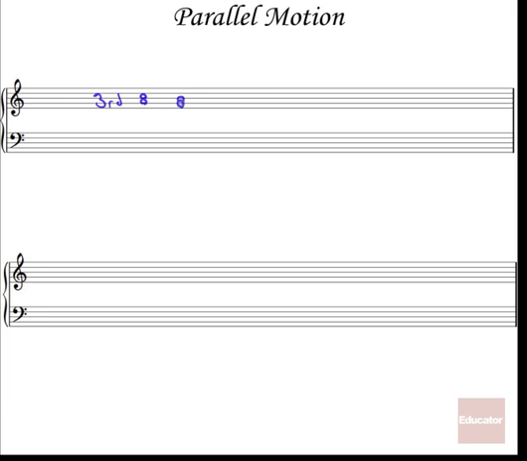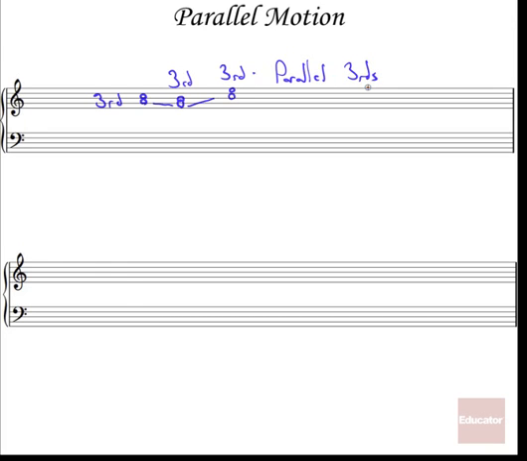And what that means is that, let's say the bottom voice now moves up a fourth to C, the top voice is also going to move up a fourth to E. And this results in the interval being consistent throughout. So this is a third, this is a third, this is a third, and you could call these parallel thirds.